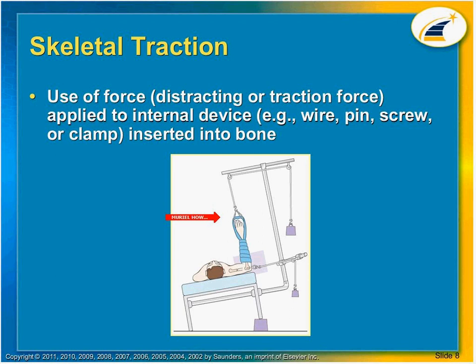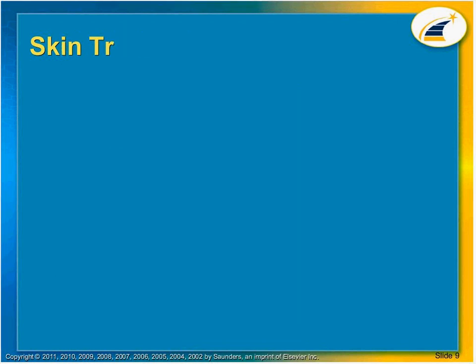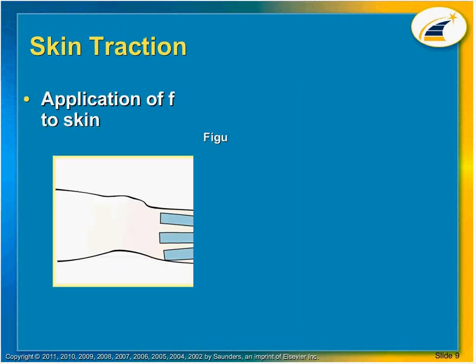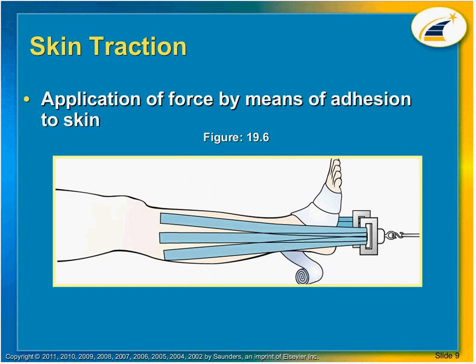Weights and pulleys hold the bone into place. So the question that is posed is, does skeletal traction require an open procedure? The answer is no. The internal devices are inserted through the skin right here, and they would use some imaging guidance to help them place that particular wire or pin in the proper place.